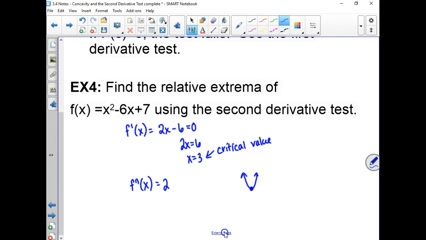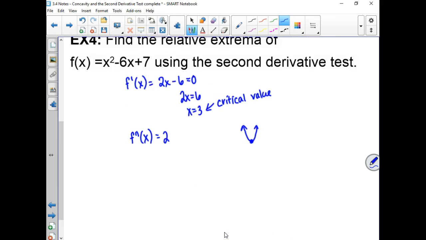So the way that we explain this, we're going to say, since f prime of 3 equals 0, and f double prime of 3 is greater than 0.